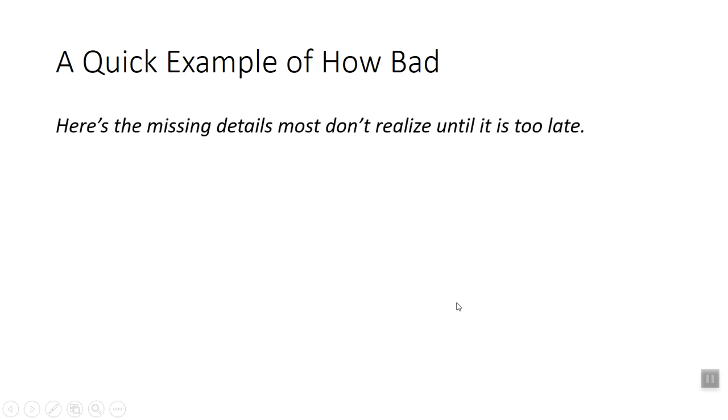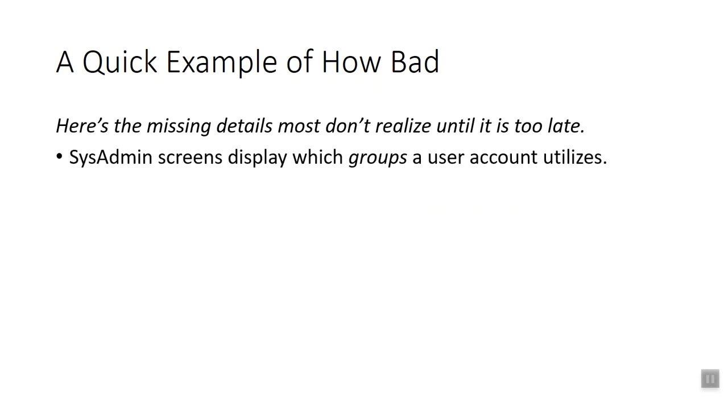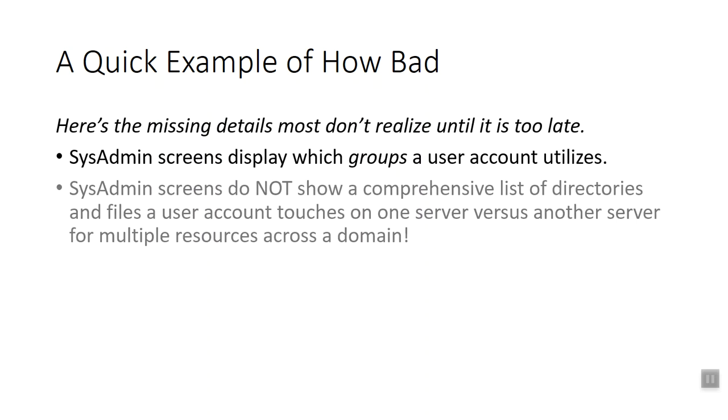So here's the missing detail that most don't realize until it's far too late. Both security and those that have to make sure systems are secure, cybersecurity professionals and IT staff, don't realize this until it's too late. The sysadmin screens display which groups a user account utilizes. That's what they have to reference. It does not show a comprehensive listing of directories and files.